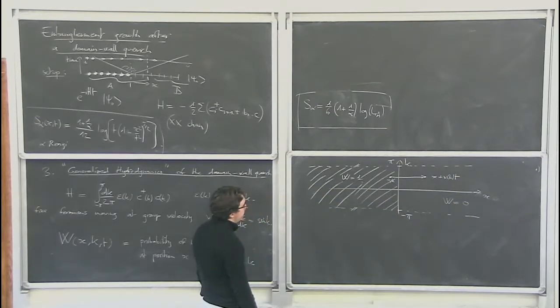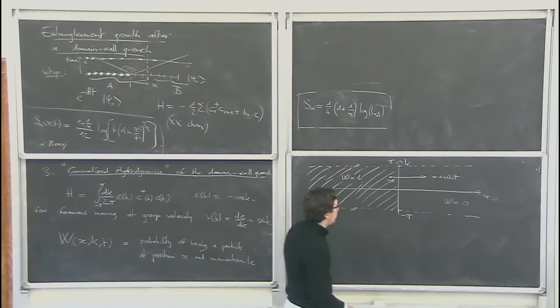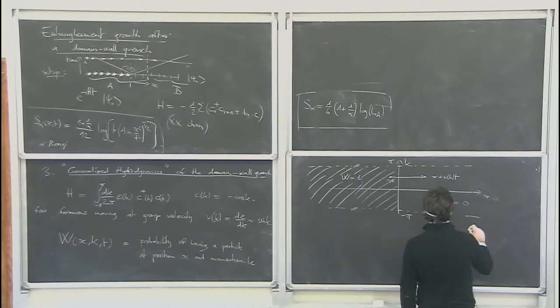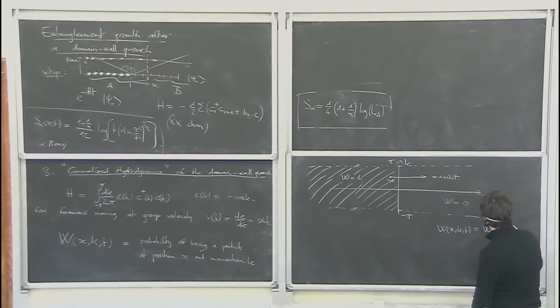Okay? So in other words, this function W has to satisfy the following equation. W at time t is related to W at time 0 in this way.